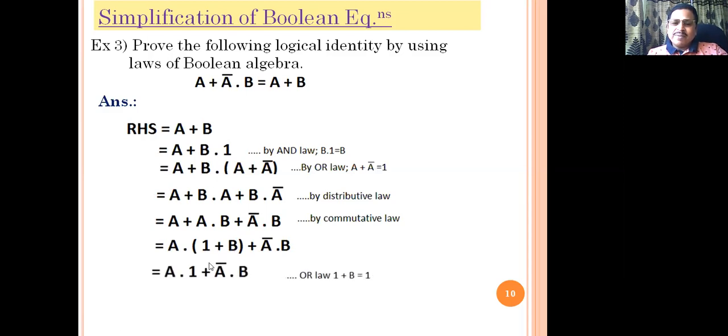So replace 1 or B by only 1. So what we have is only A and 1, or A bar and B, since 1 or B equals 1 by the OR law. Then ANDing of a number with 1 gives the same number. So this equals your left hand side of the equation. Thus we have started with RHS and we have reached the left hand side. Hence the given logical identity is proved.